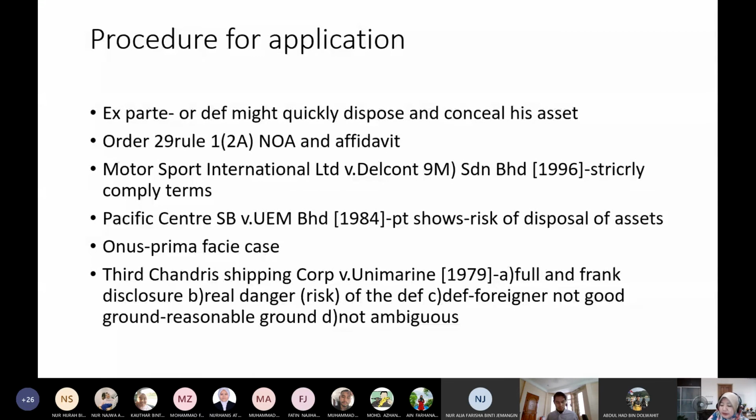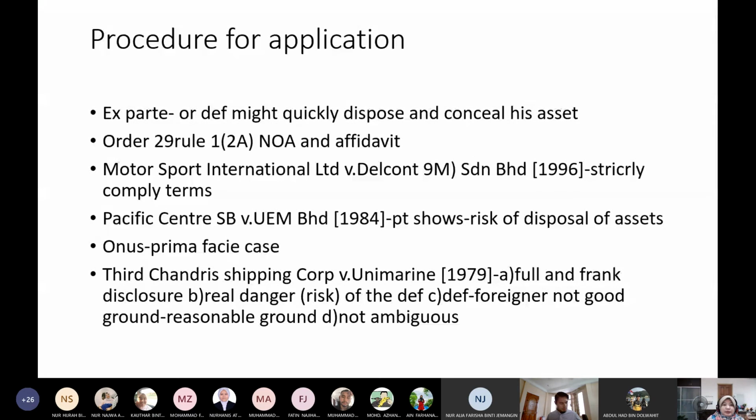This is stated in the Rules of Court 2019. You do it with a notice of application together with an affidavit.